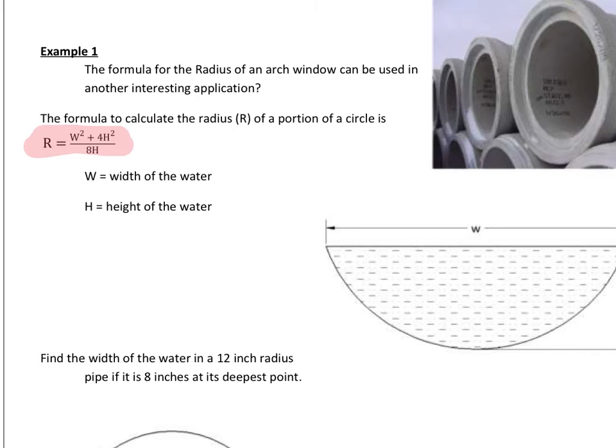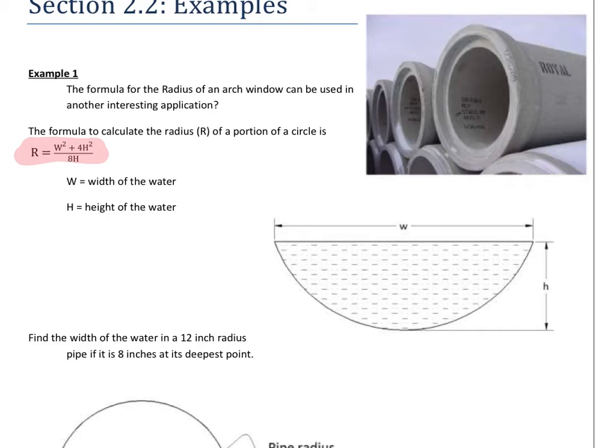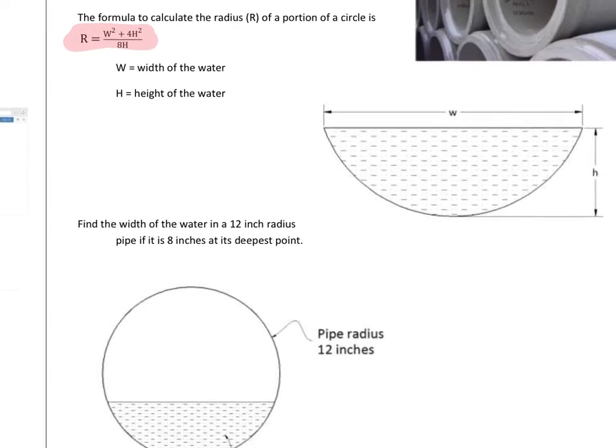Well, we can use this formula here. Okay, so R is the radius of the pipe, which we can know. And we've got the width of the water, which we're actually going to want to find out. And we know the height by putting a stick down in the water to figure out how deep the water is. Okay, it gives us this part of a circle.